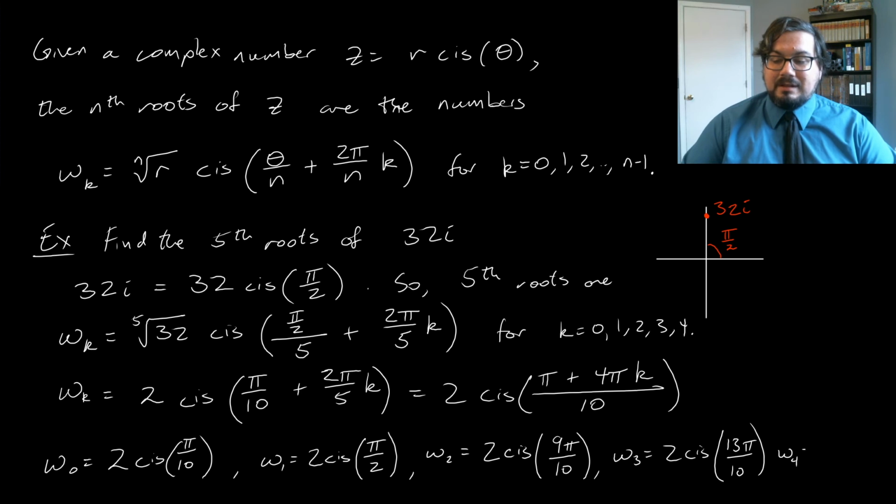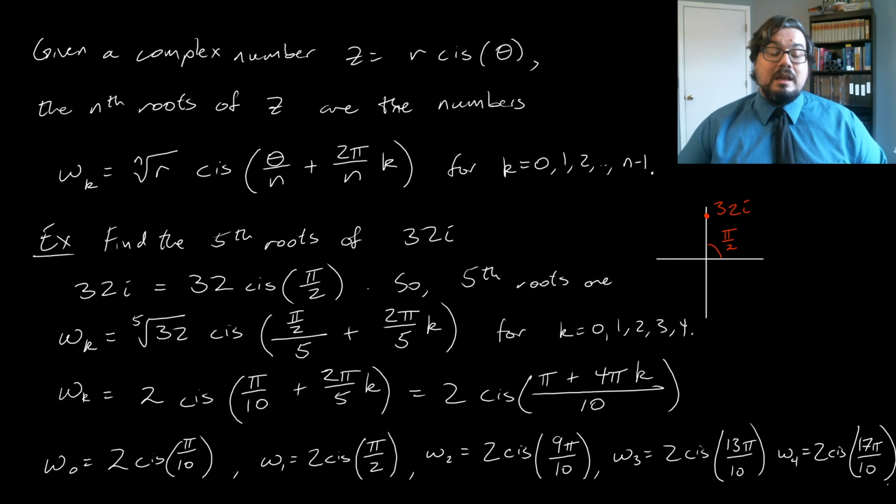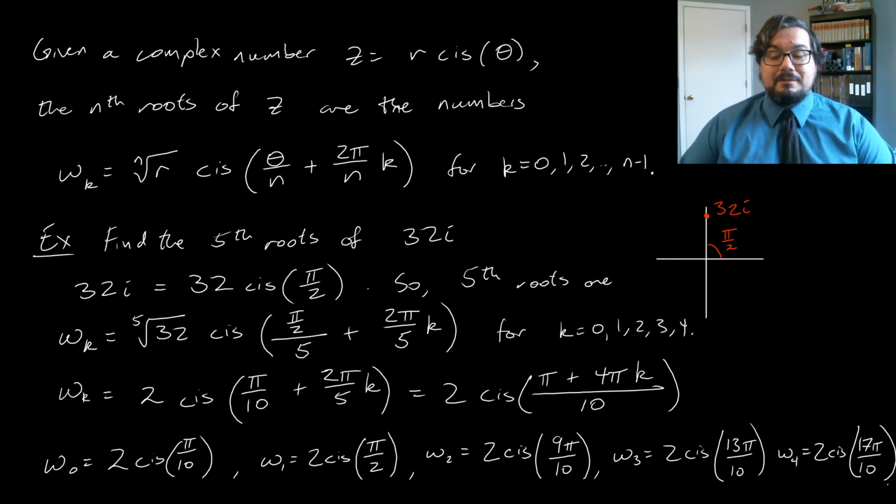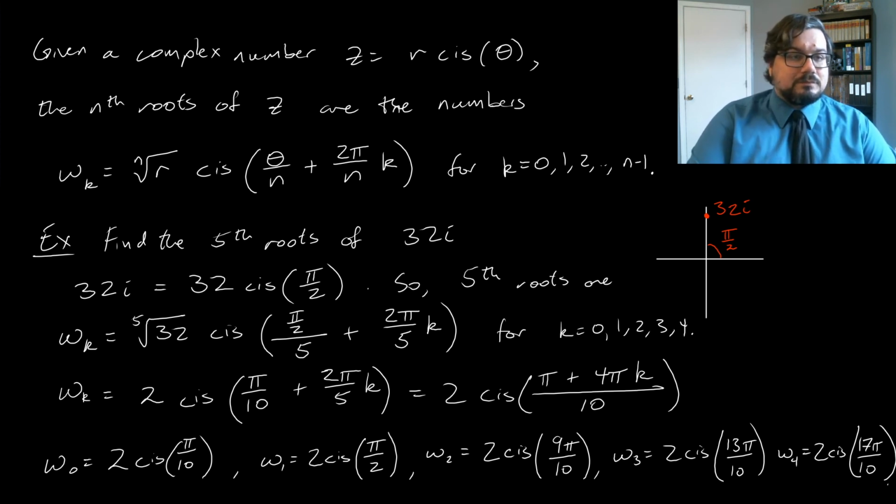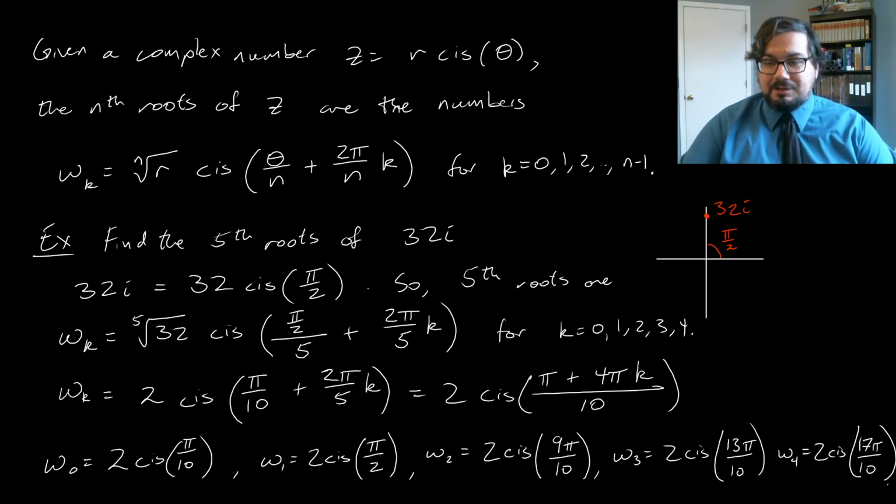And then finally w4 is 2 cis of 17 pi over 10. And so this gives us trigonometric forms of the five fifth roots of 32i.